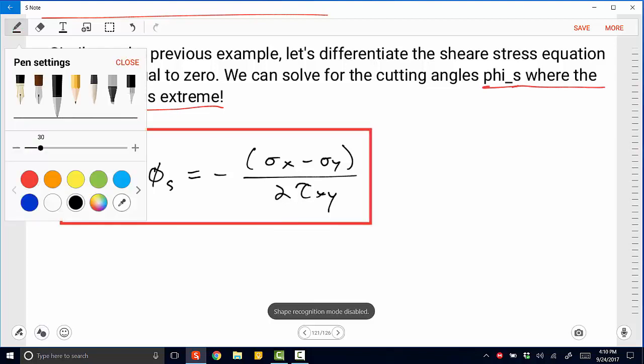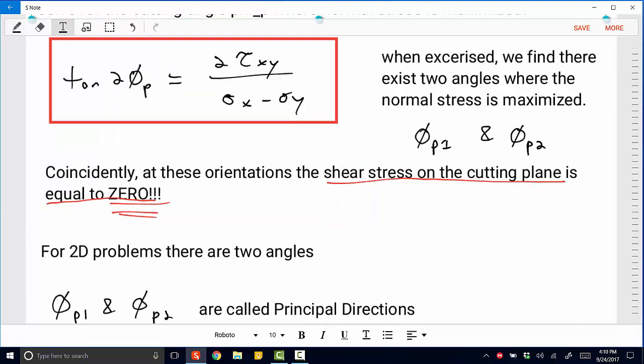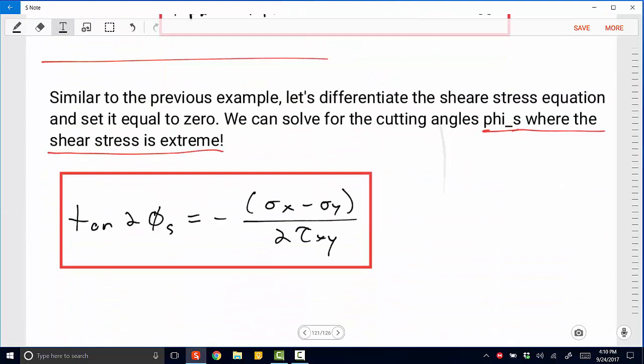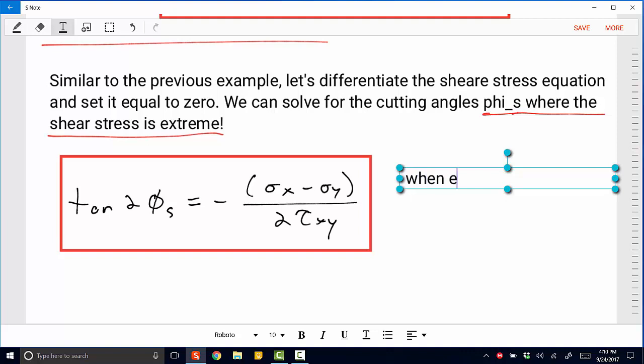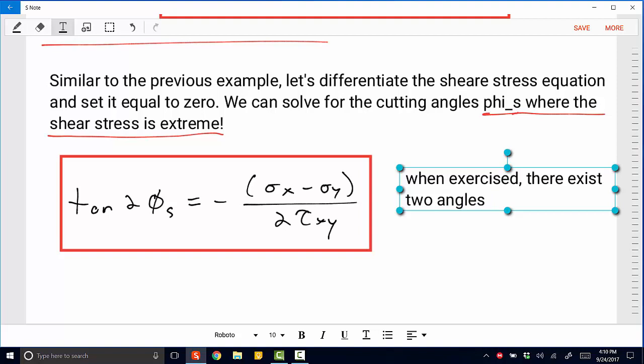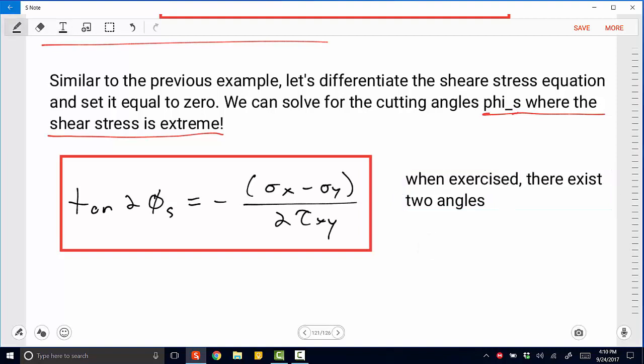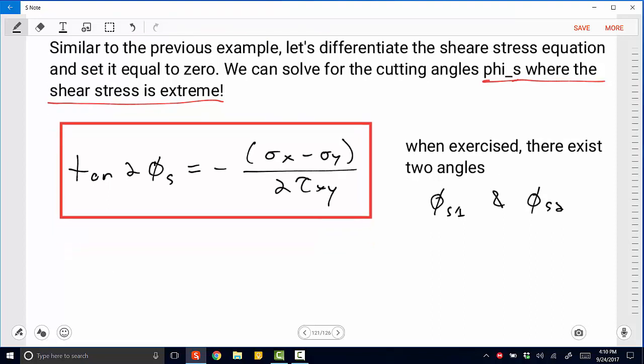And when we do that, we'll again find that there exist two angles, and those angles we can call phi s1 and phi s2. So we can find two angles where our shear stress is extreme.